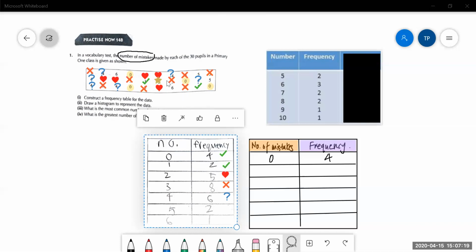See? 1, 2, 3. Correct. How many sixes are there? 1, 2.